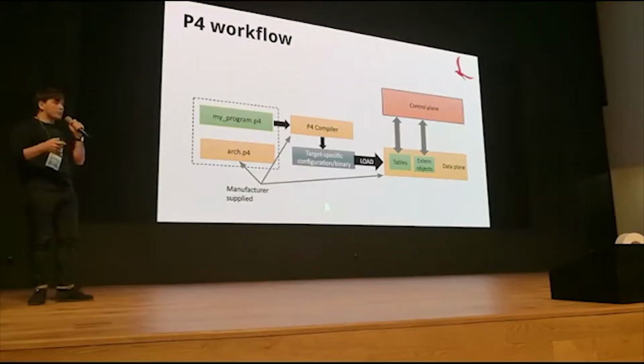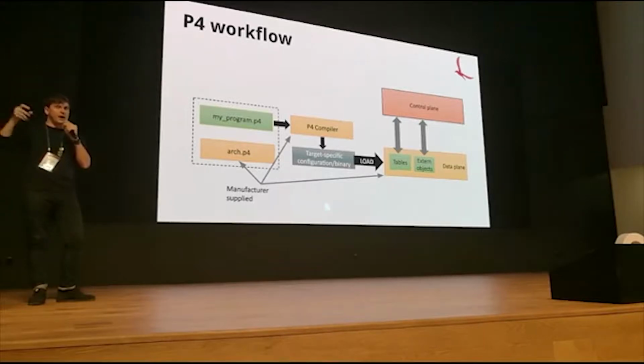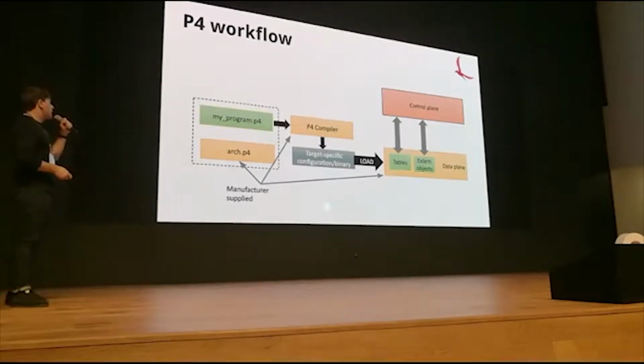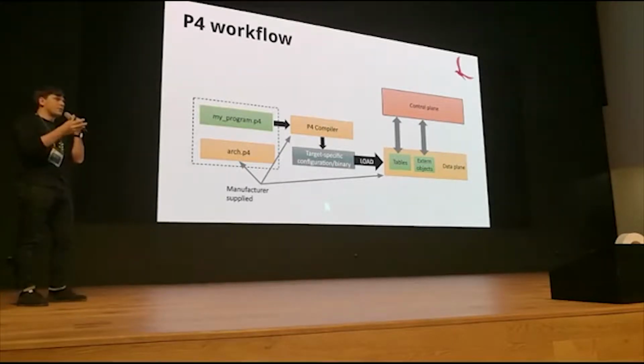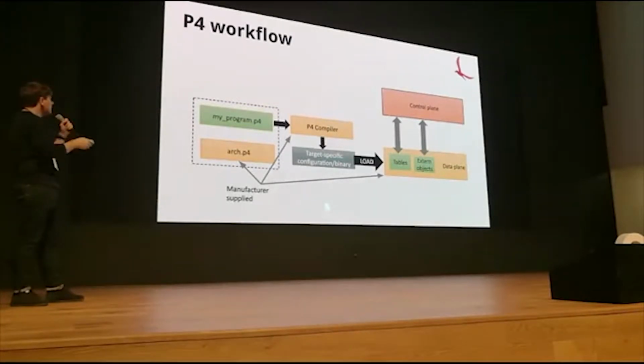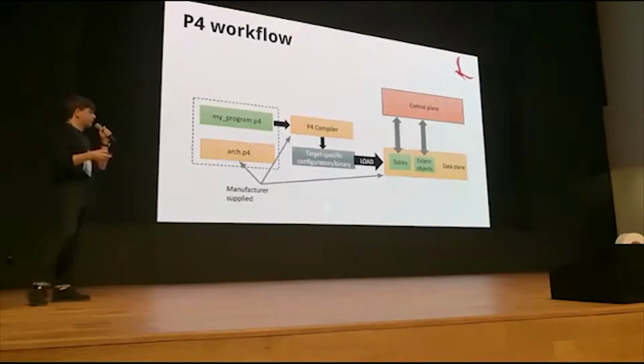So once you have your P4 program that defines the various blocks of your pipeline, you compile it. You start by asking your switch manufacturer to provide a P4 compiler and a so-called architecture file. The architecture P4 file is a P4 program that describes the blocks of the pipeline and the interface between each block. So you have your P4 program, you compile it, and you obtain a so-called target-specific configuration binary.